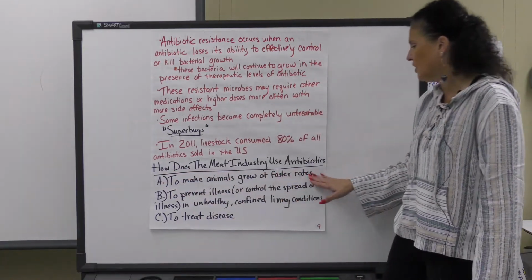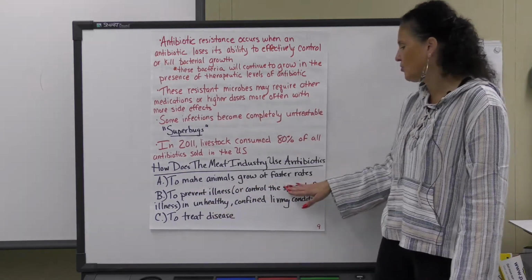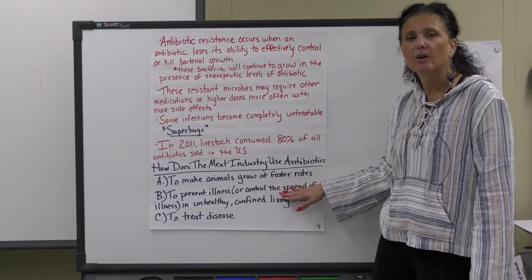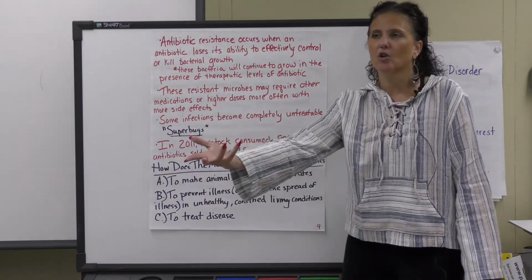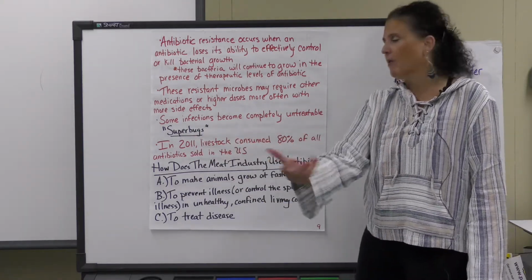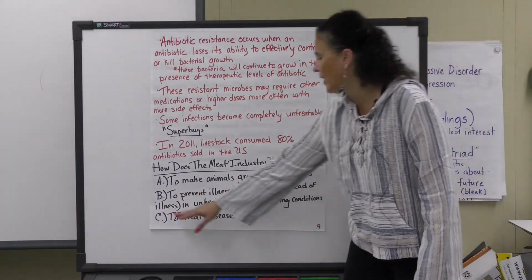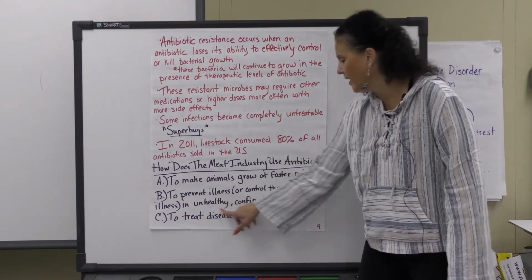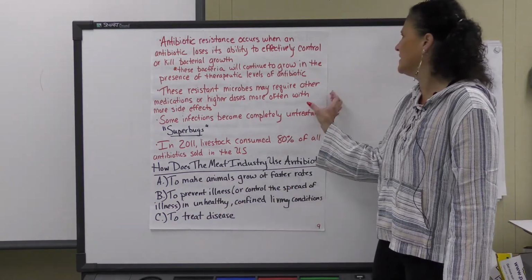How does the meat industry use these antibiotics? We looked a little bit at it. They want to make those animals grow at faster rates. Why? Money, right? The faster it grows, the bigger it is, and the more money that you get. Also to prevent illnesses or to control the spread of illness in unhealthy, confined living conditions. We looked at that. Or to treat diseases.